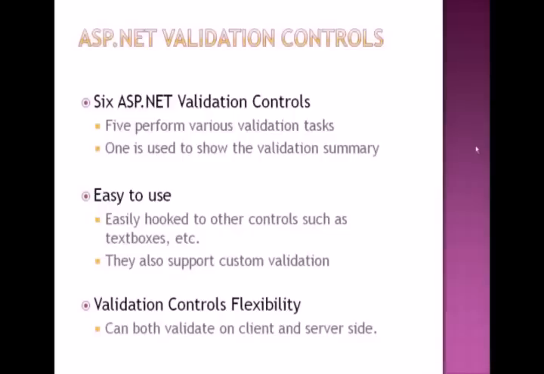You can easily hook them up to any kind of control, such as text boxes, drop-down lists, or any other control you would like to validate. They also support custom validation scenarios, and we'll see how we can create those.